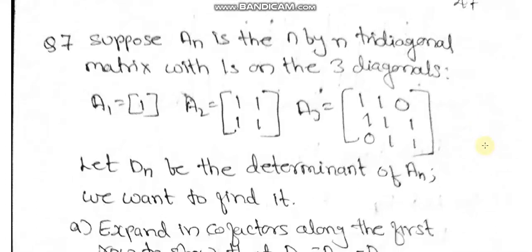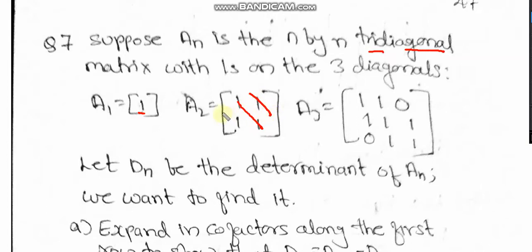So here we have a problem. The question asked is: suppose An is the n by n tridiagonal matrix, so tridiagonal, three diagonals, right, with ones on the three diagonals. You can see A1 has only one value, and A2 has two diagonals, 1 1.